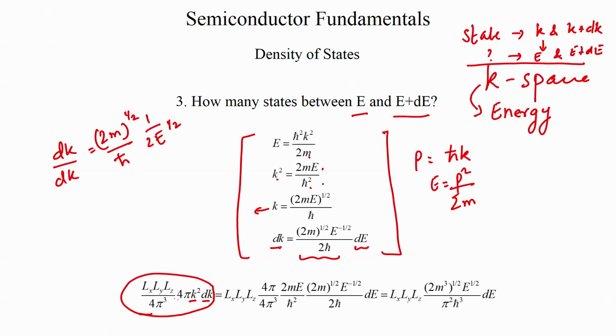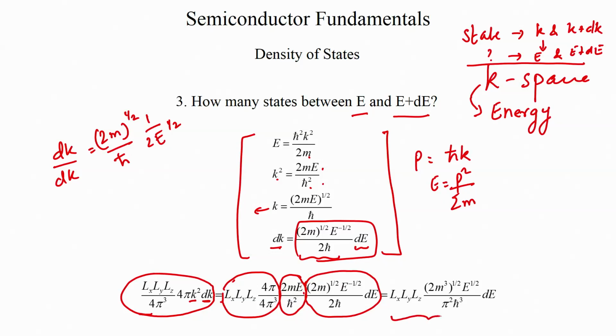So let us keep these terms separate, and instead of k square I am going to substitute 2mE by h bar square, and instead of dk I am going to substitute this particular expression here. And after a bit of simplification, you cancel off common terms, you will end up with the number of states between E and E plus dE is given by this quantity here.